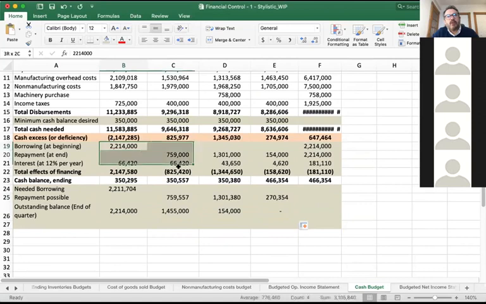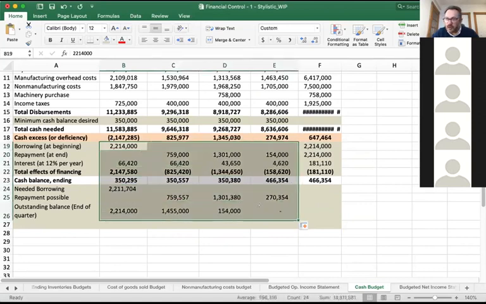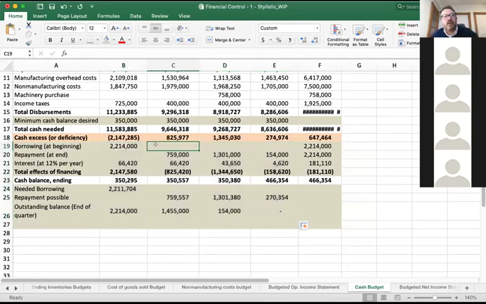So what we are doing with the cash budget is also a way to prepare a document that we will take to the bank, so we can negotiate with the bank, maybe the interest rate, maybe the level of borrowings, to be sure that we can have more than 2 million of borrowings if we need, okay?